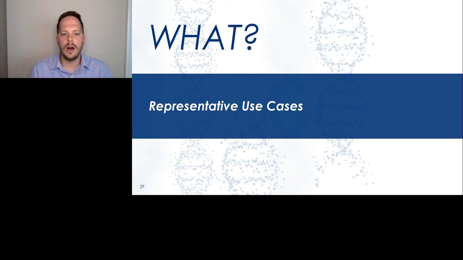So in the last section of the webinar, I want to go through some representative use cases. The way that I've broken this information out here, these use cases, is by talking about the different types of genetic lesions that our GLP is able to organize and present evidence for, and how that can provide value in clinical and research contexts.